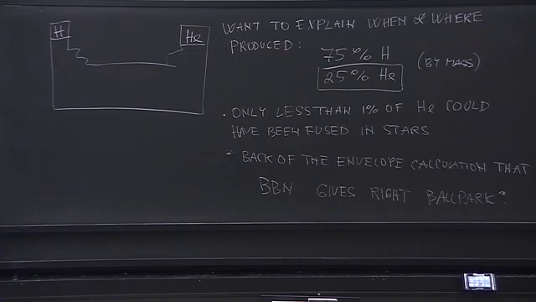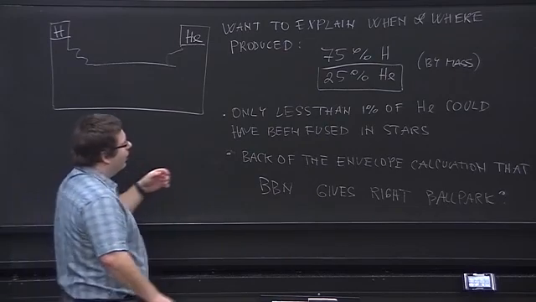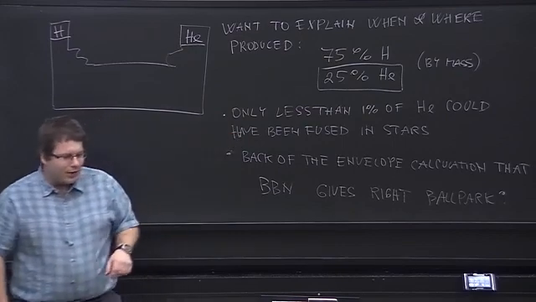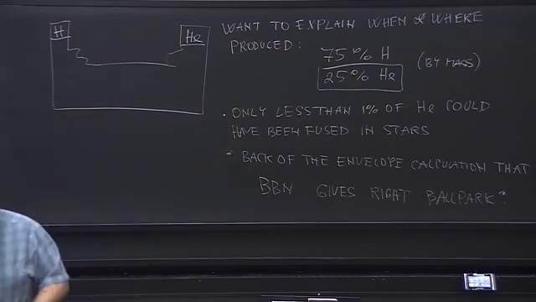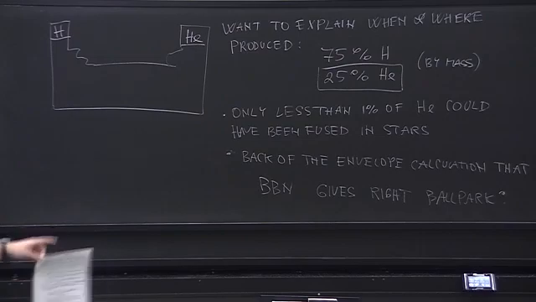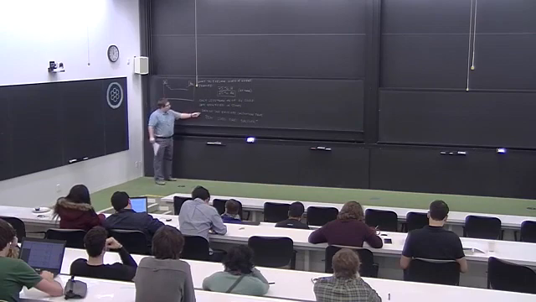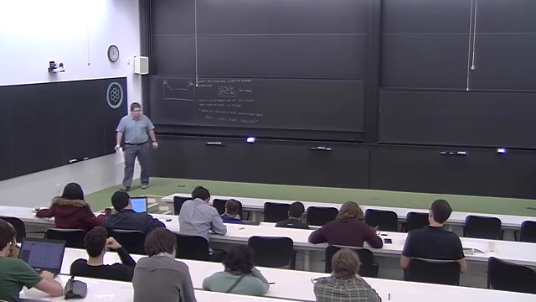There would be so much energy released that we wouldn't have a dark sky. But of course, we don't observe that. If you do the calculation, you find that only less than 1% of those 25% of helium could have been fused in stars. So now, let us do this back-of-the-envelope calculation.